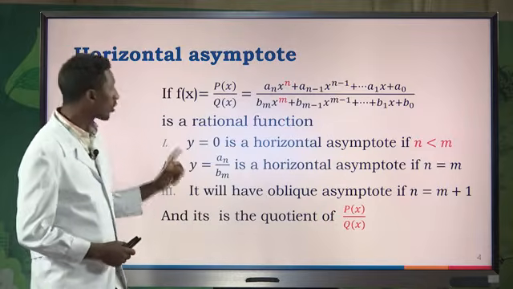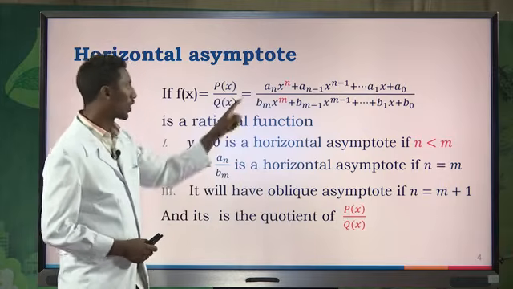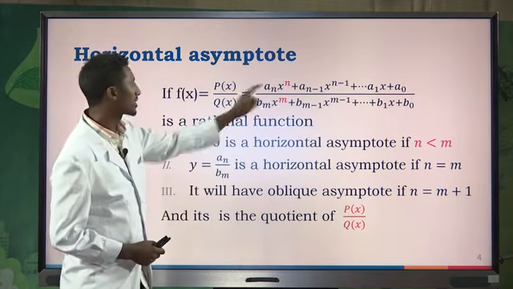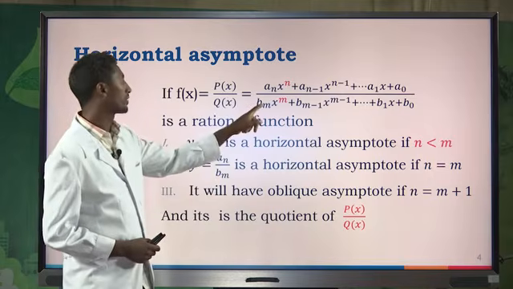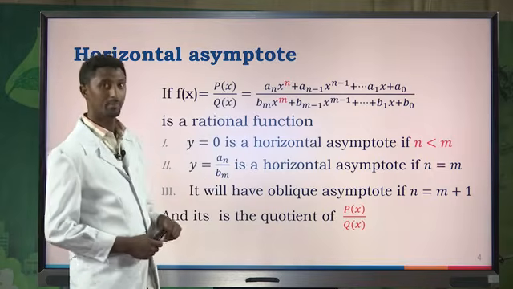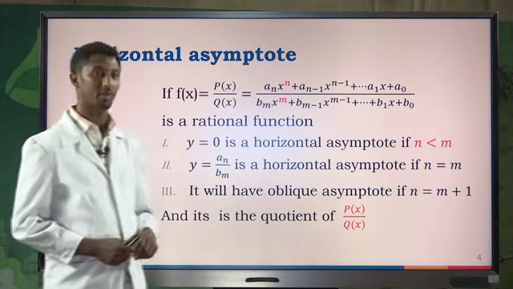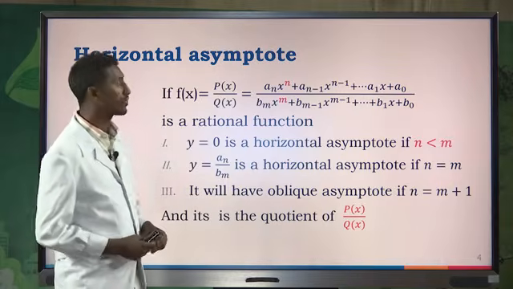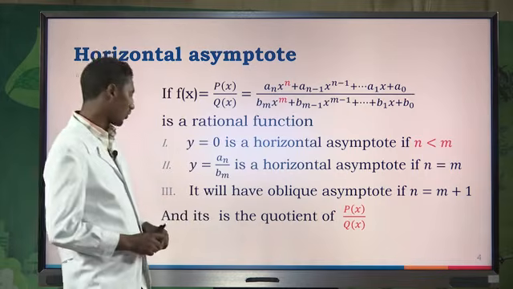So the horizontal asymptote is the leading coefficient of p of x over the leading coefficient of q of x, that is, a n over b m. This implies the horizontal asymptote of the graph is the quotient of the leading coefficients of p of x to q of x.